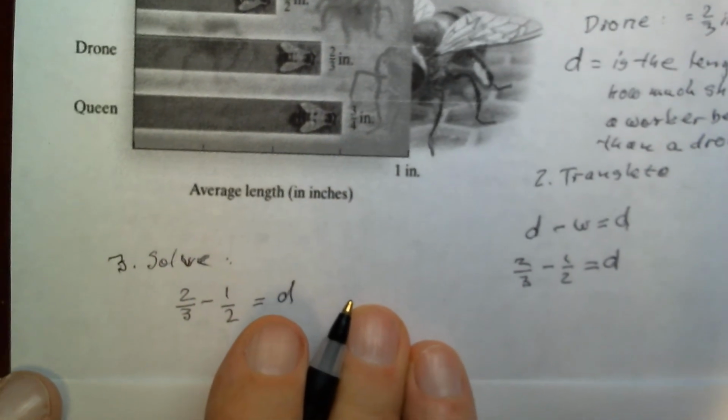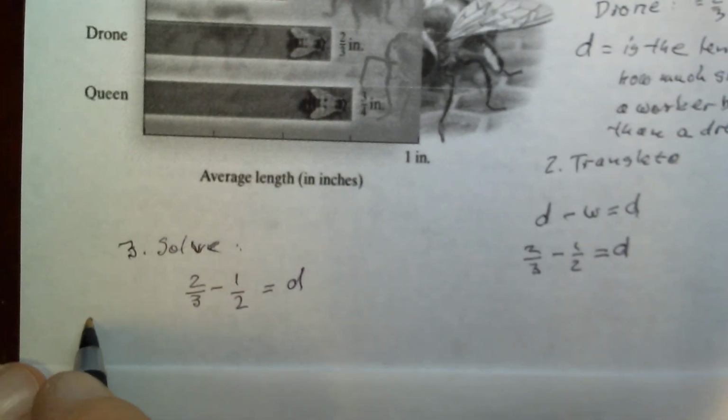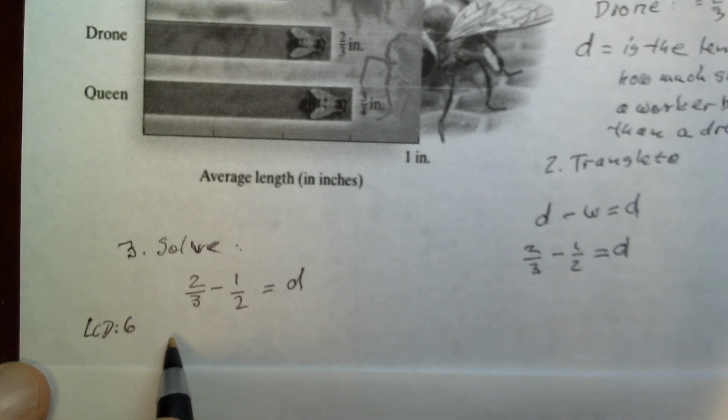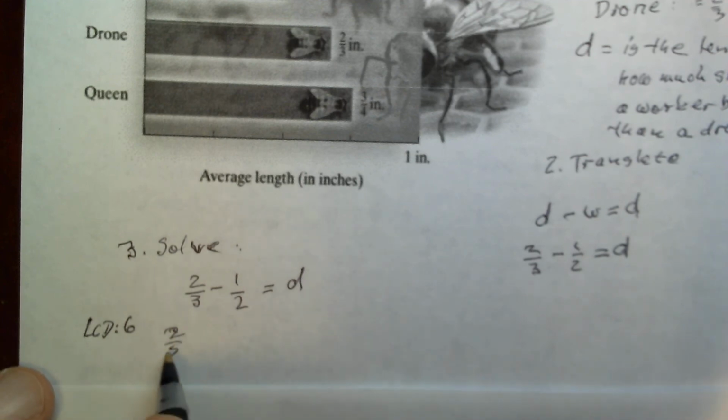And so the LCD here is 6. So we have 2/3 times 2 divided by 2 minus 1/2 times 3 divided by 3. That'll give us a denominator of 6 in each case.